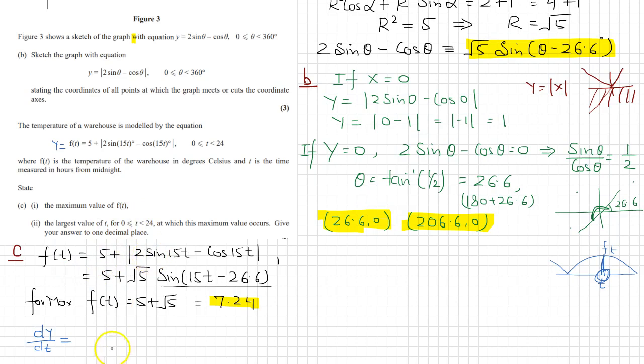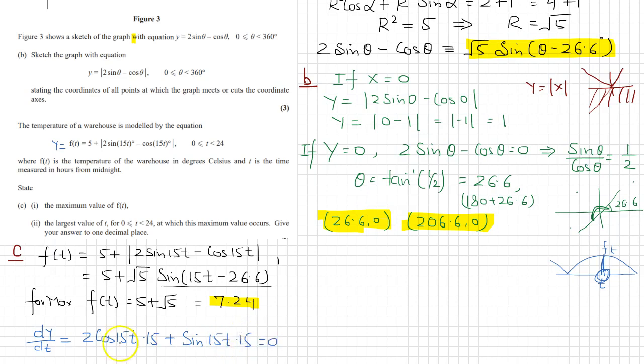So this is 0, this is 2 cos 15t multiply 15, minus cos is minus sine, so sine 15t multiply 15.